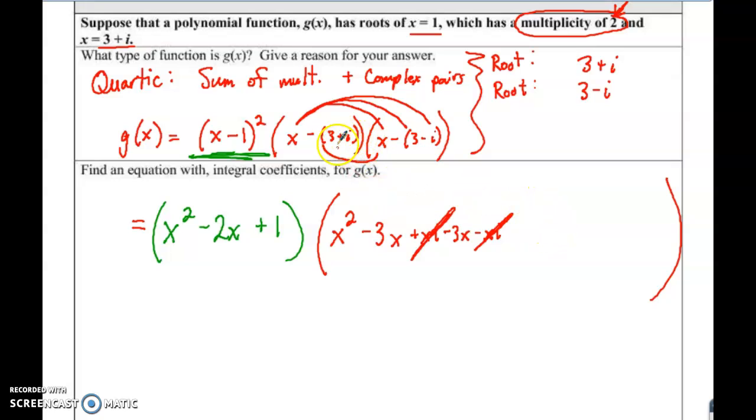And now I'm actually ready to just do the last term. Instead of distributing, just do the last term, which is distributing again.